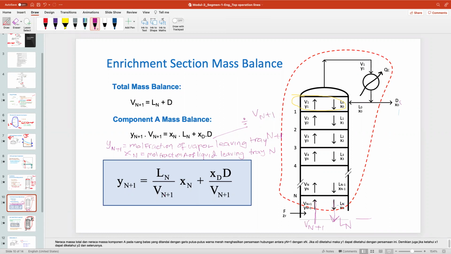V is also a number. And then xn is a variable, and Yn plus 1 changes with xn. For example, if this is x2, then we can get y3, and so on.